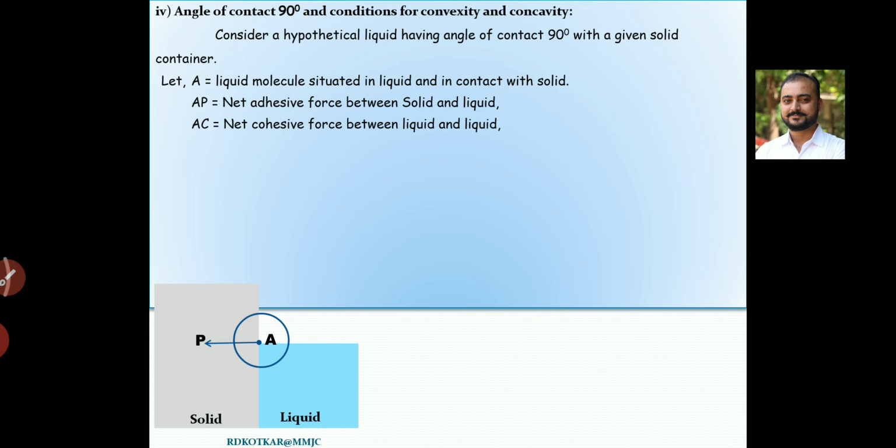That is AC. AC be the net cohesive force between liquid and liquid molecules. Okay, means force of attraction between two similar molecules. That is a cohesive force, and here it can be represented by AC as shown in the figure. So you can observe AC be the net cohesive force.